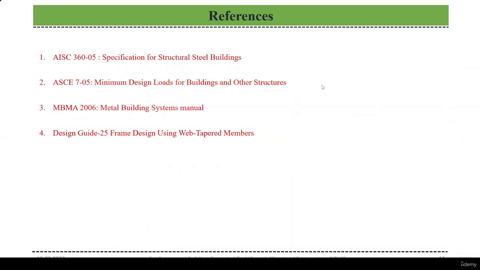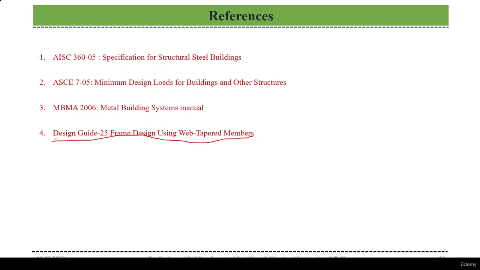So these are the references I have taken. I have added one more reference from the last one, Design Guide 25, Frame Design Using Web Tapered Members. You can browse this Design Guide 25 and gain some more knowledge about how tapering will be done in this manual.